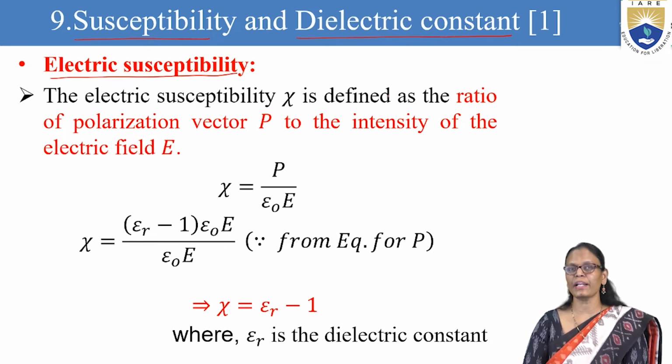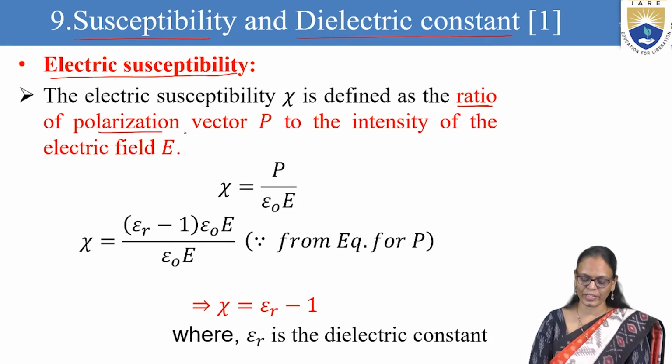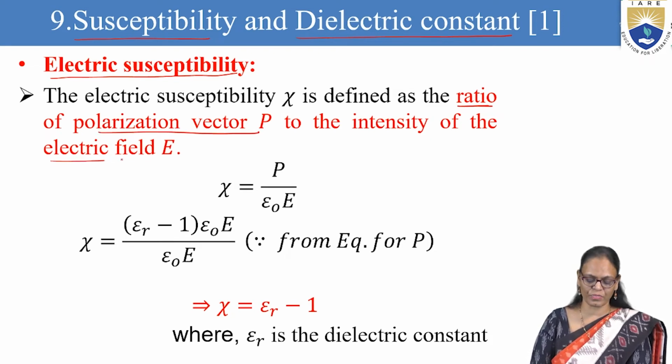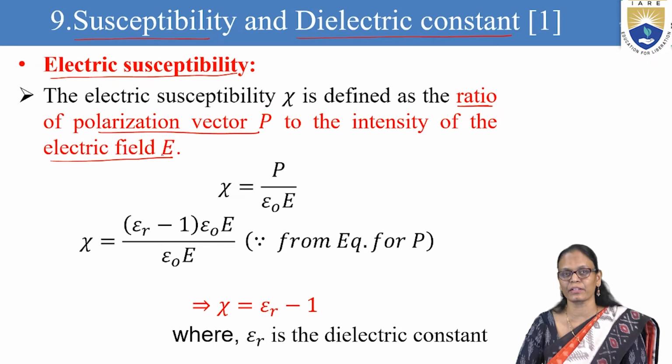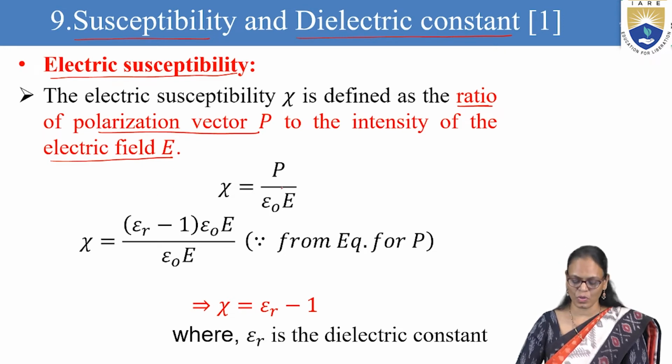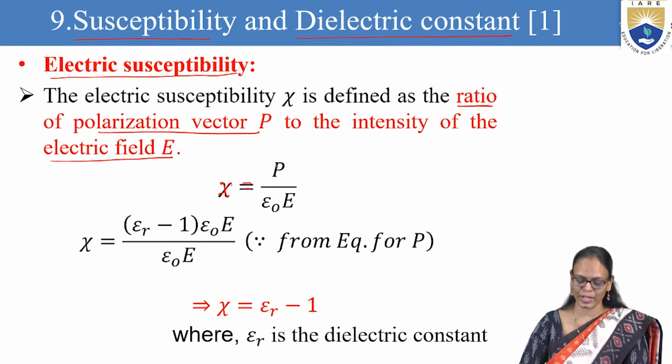It is defined as the ratio of the polarization vector P to epsilon naught times the electric field E. Chi here represents the susceptibility, and epsilon naught is the permittivity of free space or vacuum.